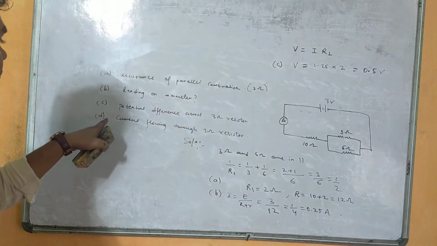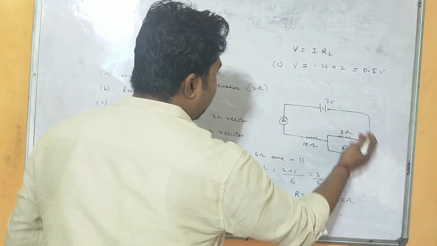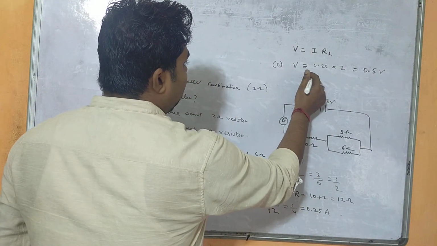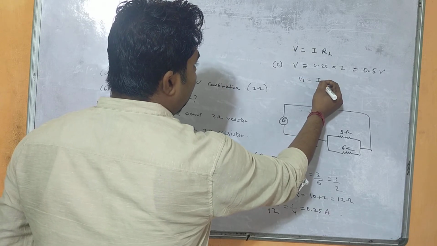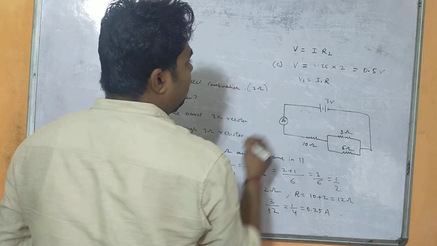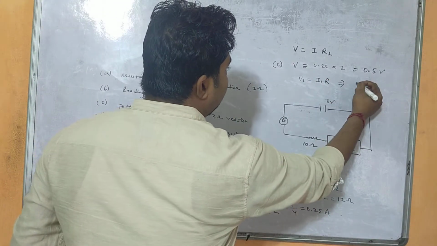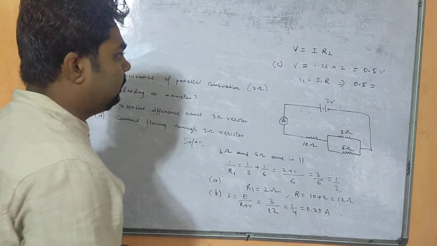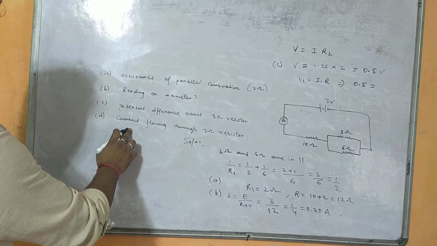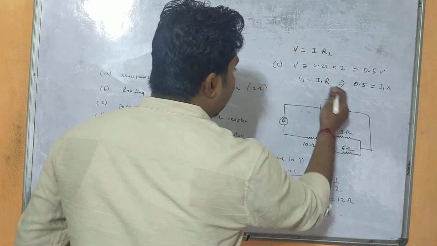Next we will calculate current flowing through 3 ohm resistor. Now current flowing through 3 ohm resistor means here we know V1 equals I1 into R. So here V1, just now we have seen, that is 0.5, I1 current we have to find, and how much is the 3 ohm?